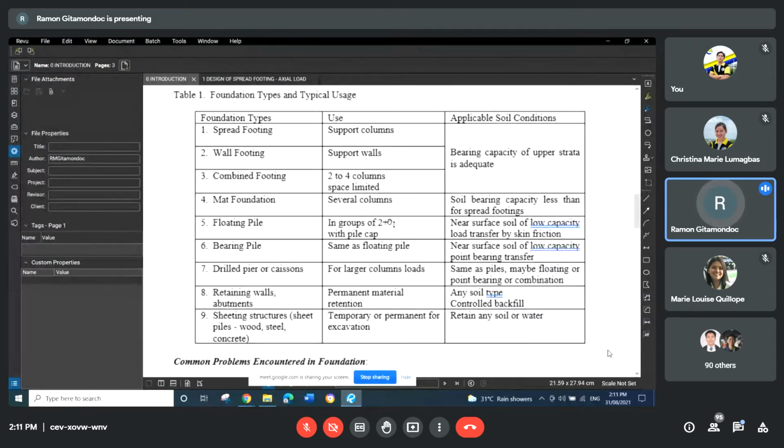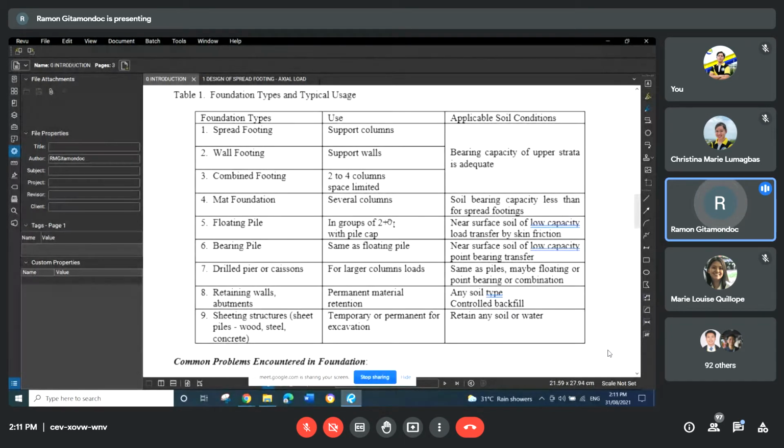In case the space is limited, if you, for example, consider the isolated footing and the footing areas will already overlap, then you can combine the footing of several columns to come up with a combined footing.